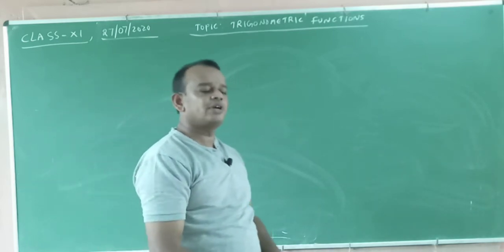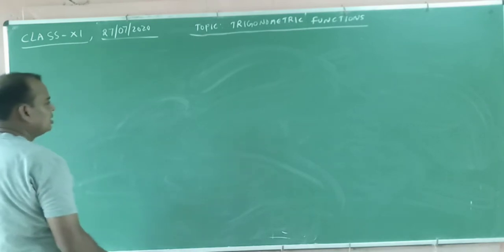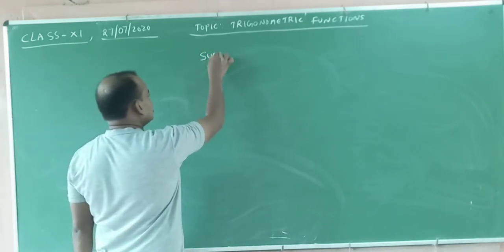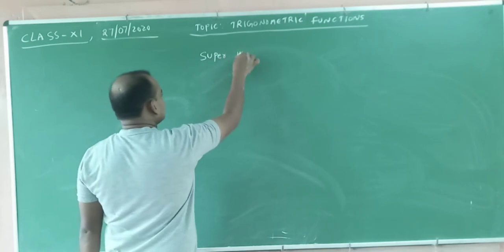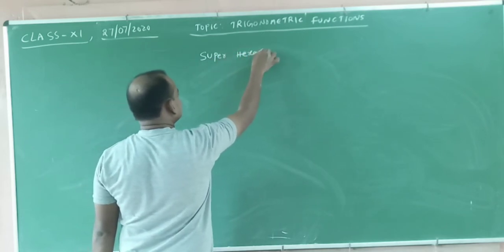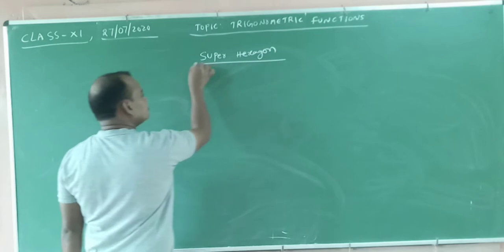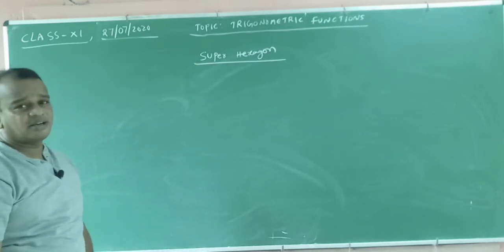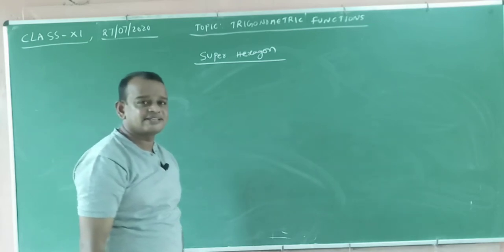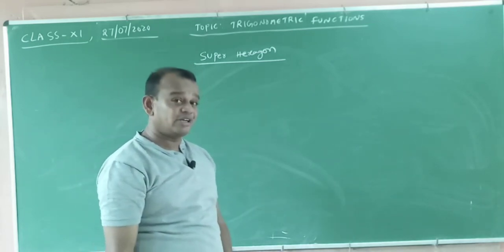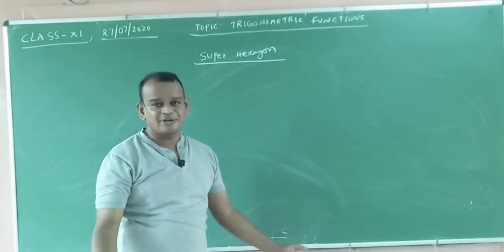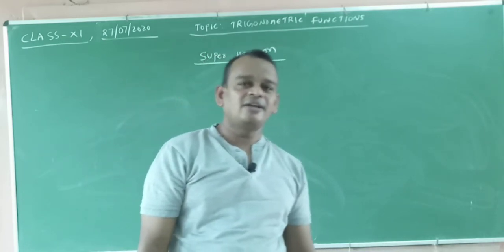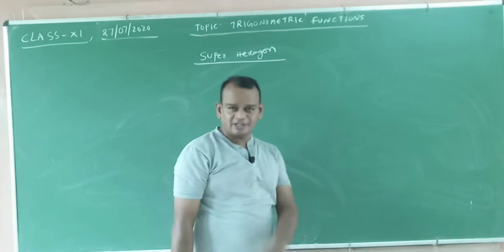Clearly observe that. Now discuss the super hexagon. Hexa means a polygon having 6 vertices. How many trigonometric ratios are there? Six trigonometric ratios. Each and every vertex is allotted one trigonometric ratio.